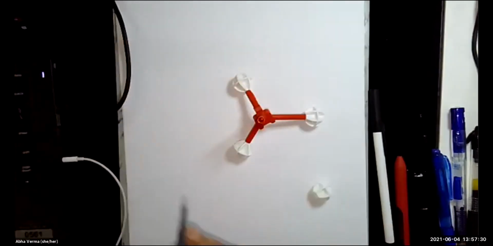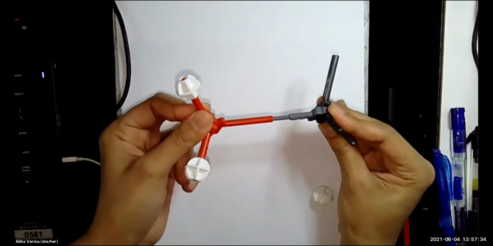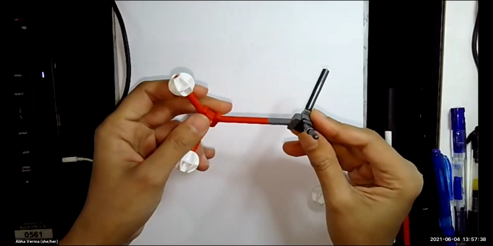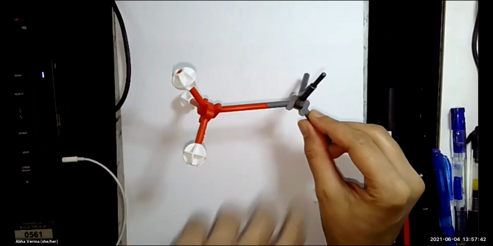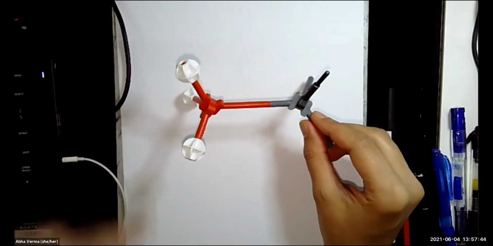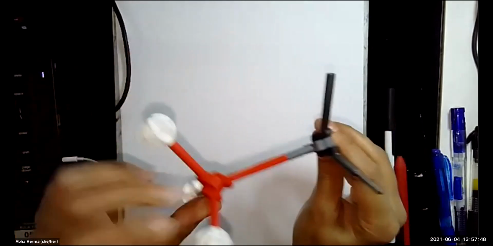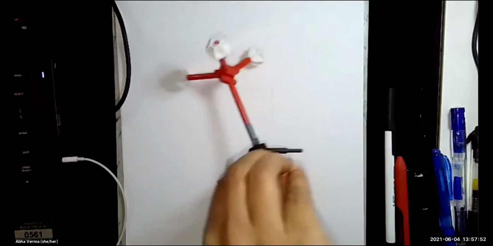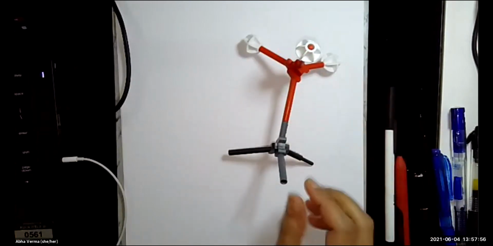If I remove one of these hydrogens and make a bond with another carbon, remember the tetrahedral structure, I will have two carbons oriented like this. There are different ways by which I can look at these two carbons across this single bond.